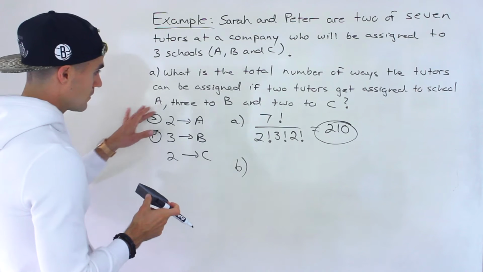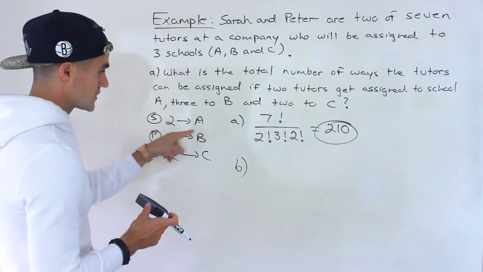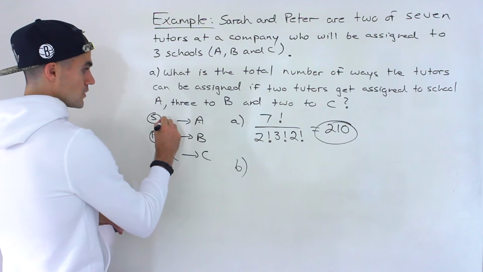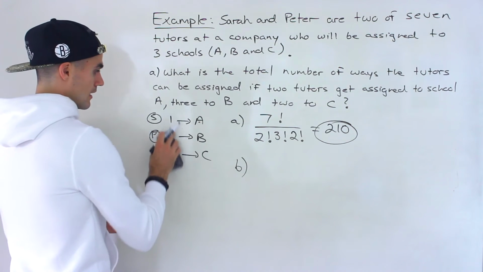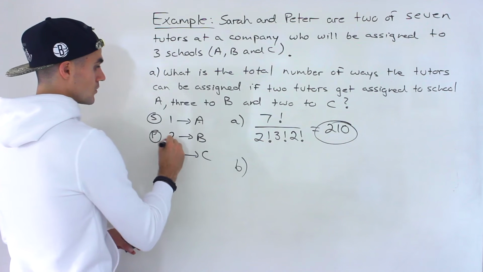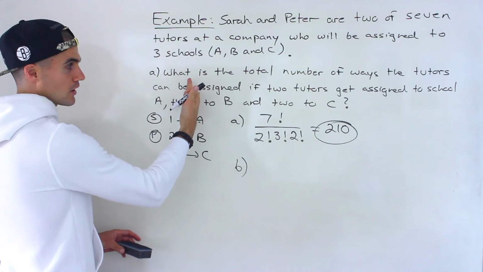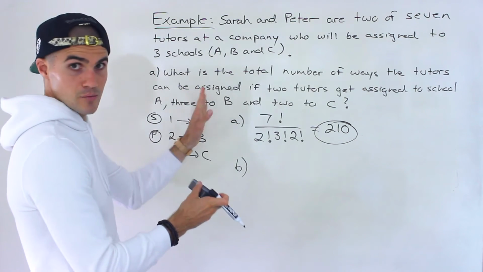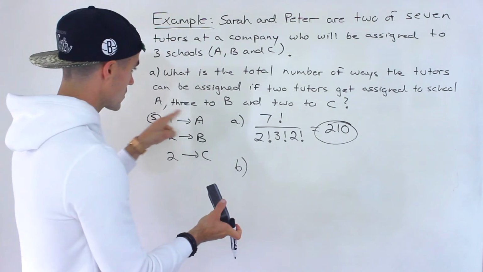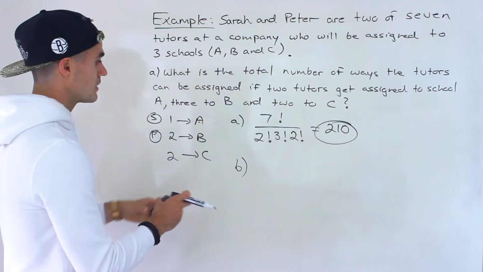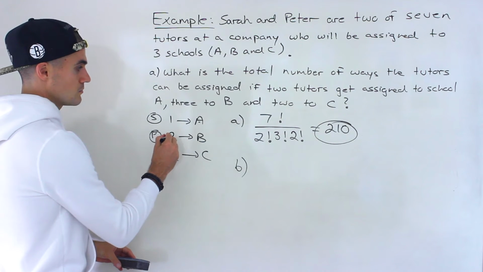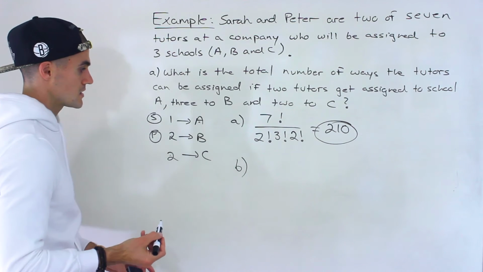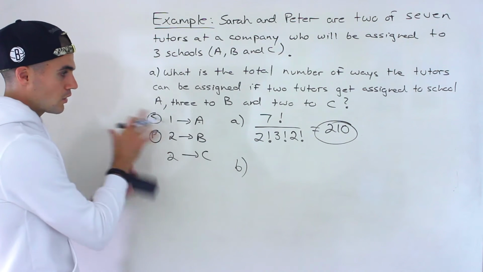And so if Sarah is going to A for sure, Peter's going to B for sure, then 1 more tutor has to go to A, 2 more tutors have to go to B, because we're redoing part A, so that combination of tutors to A, B, and C is staying the same. But if Sarah's already going there, if Peter's already going to B, then there's 2 more that have to go to B, 1 more that has to go to A, and then 2 that still have to go to C. And so Sarah and Peter are already taken care of.